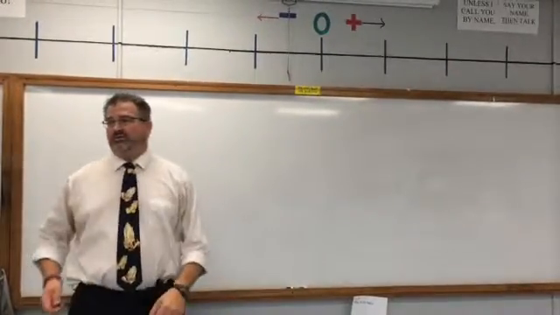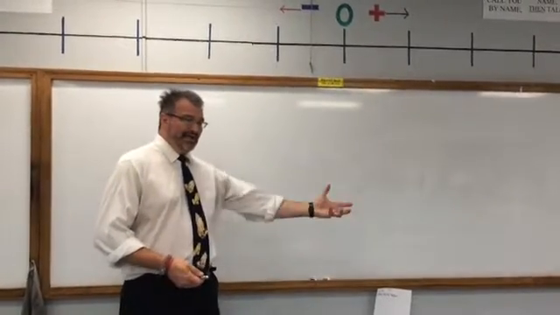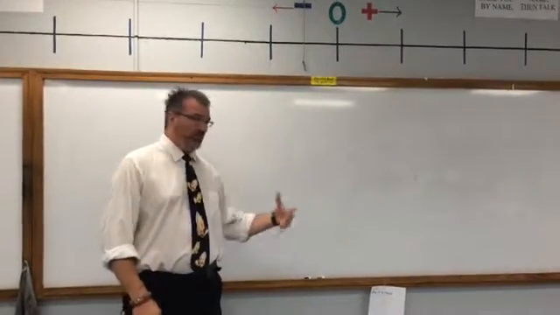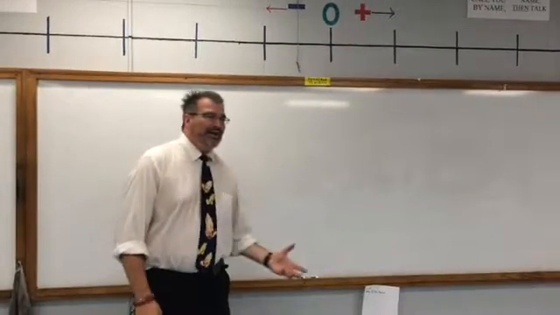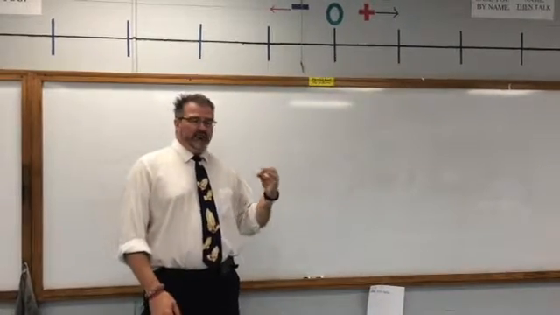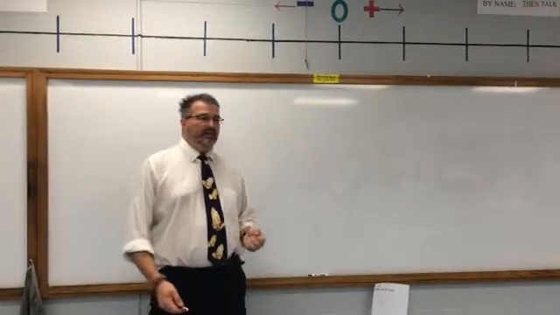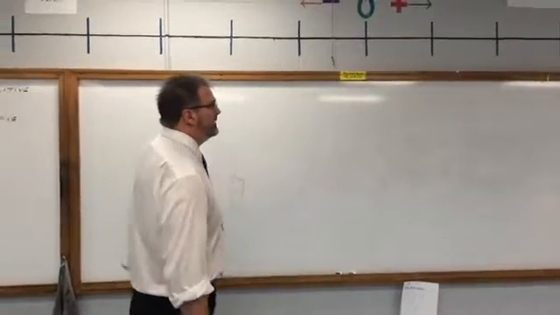Now, I do want to make sure you understand that your calculator doesn't care. Your calculator will add a negative number or a positive number, and it'll subtract a negative number. But sort of like with Twitter and texting, we try to write as few characters as we can in math.